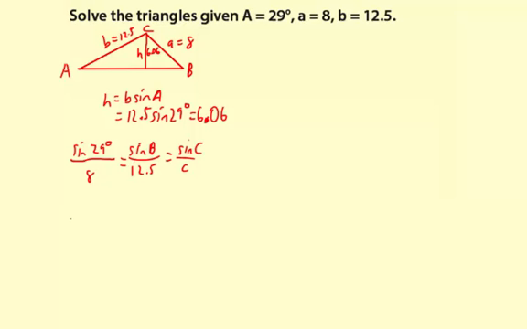Cross multiply this proportion, and it's going to be 12.5 times the sine of 29 degrees equals 8 sine of B. So then divide both sides by 8, and 12.5 sine of 29 degrees divided by 8 equals sine of B. Now I'm going to go to the calculator.